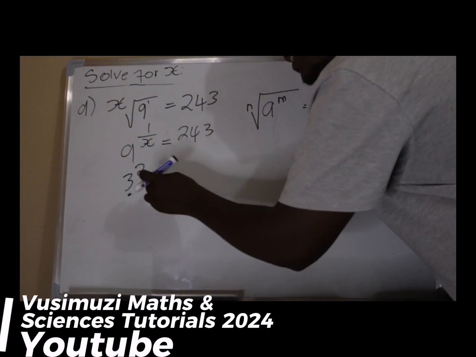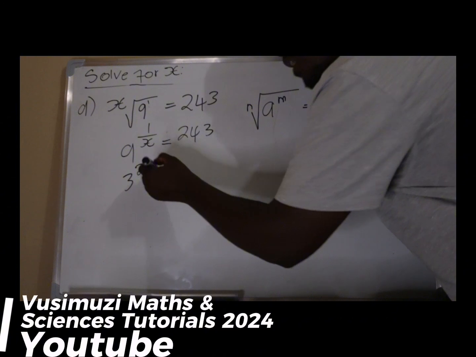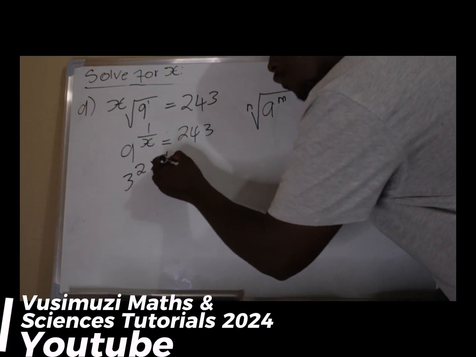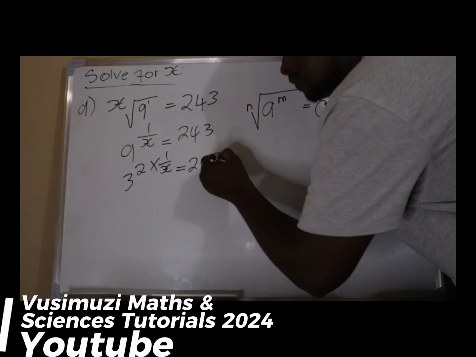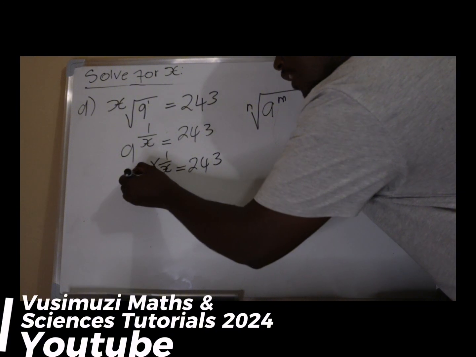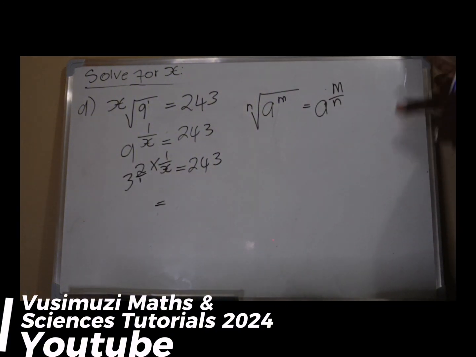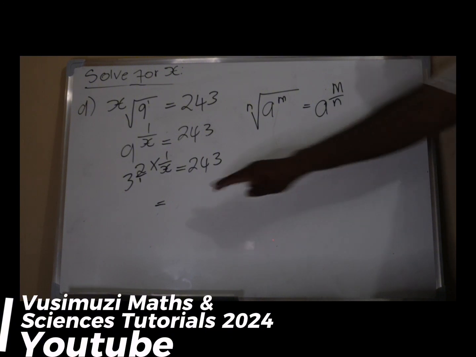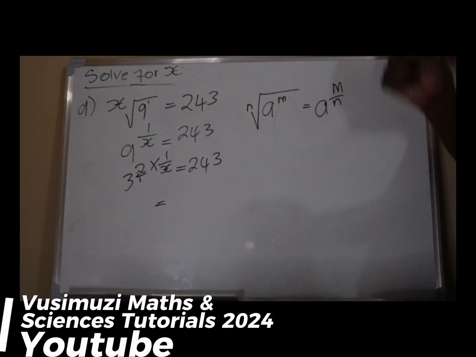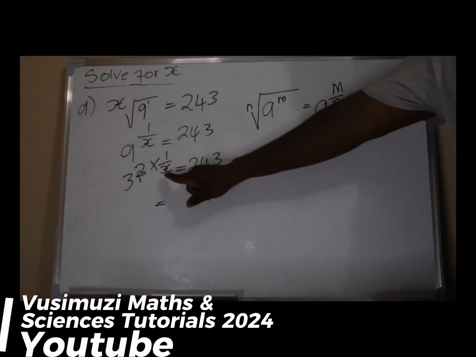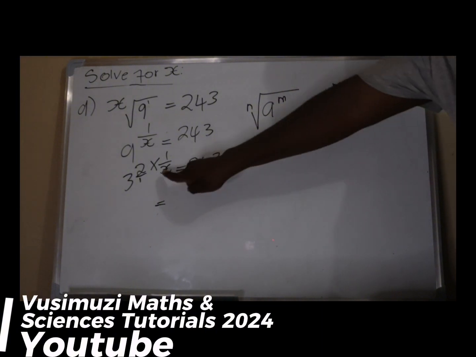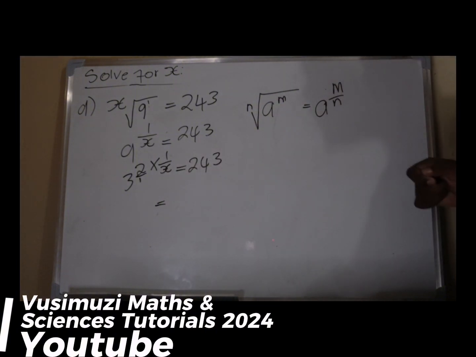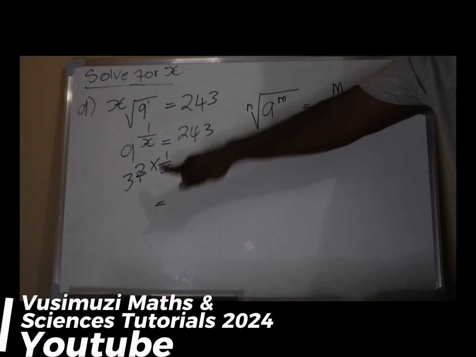It was 3 squared. Remember, we've got 1 over x, and 3 squared raised to that. You must remember, you don't apply reciprocals if you've got a variable as an exponent.